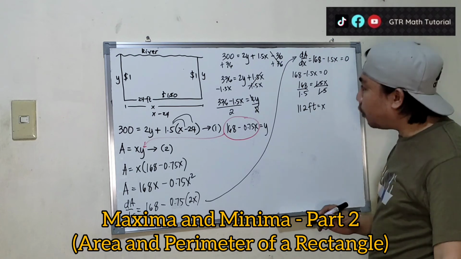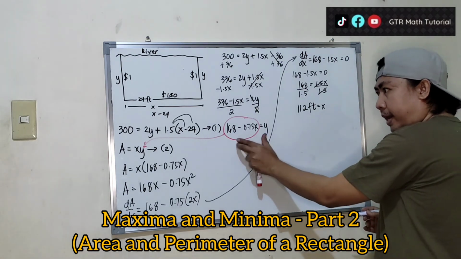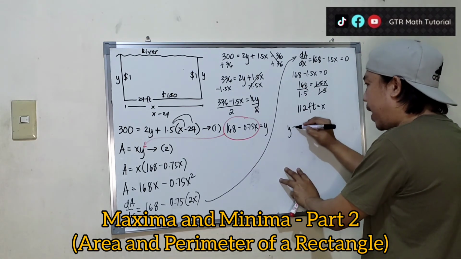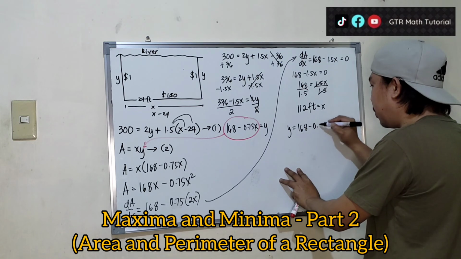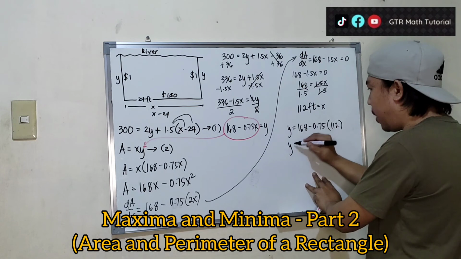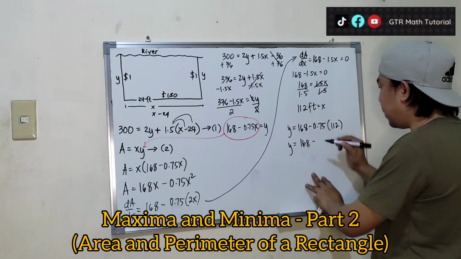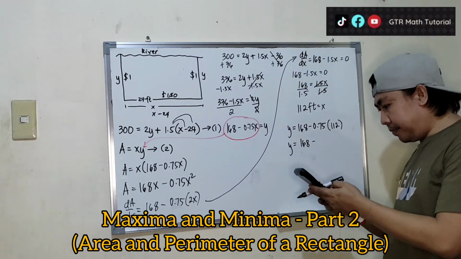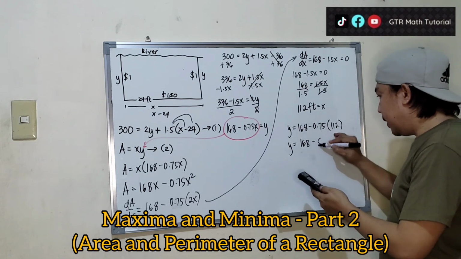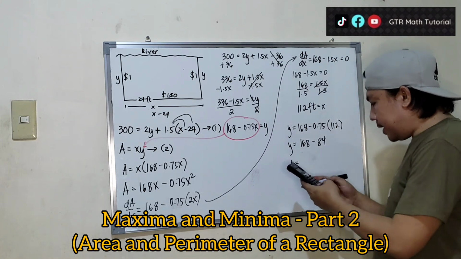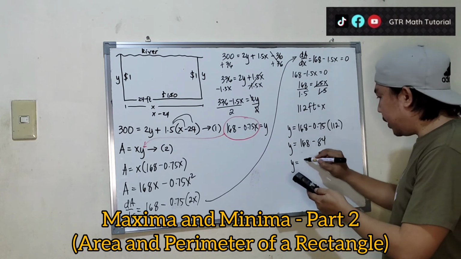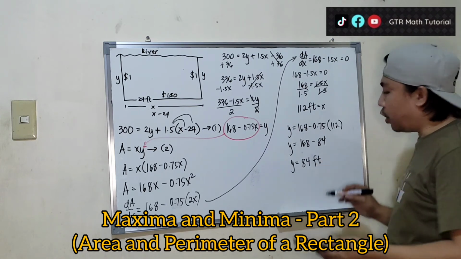And then solve for y. So this is the equation for y. This is what we will use, the one we derived. So therefore, y is equal to 168 minus 0.75 times the value of x, which is 112 feet. So therefore, y equals 168 minus 0.75 times 112 equals 84. Therefore, y is 84 feet.